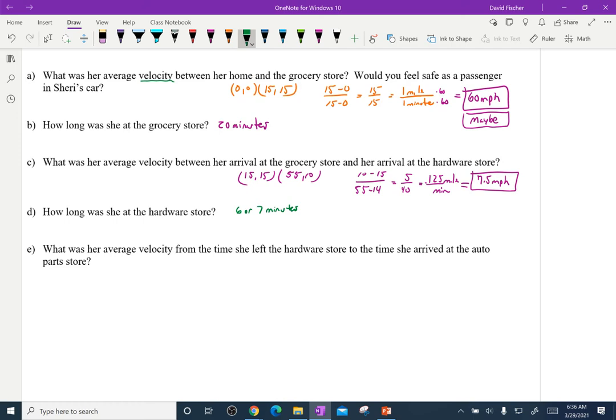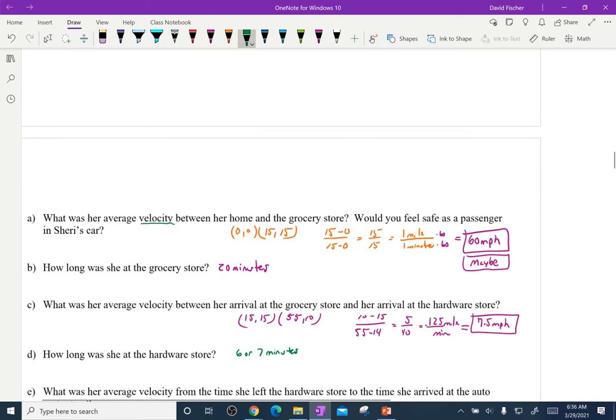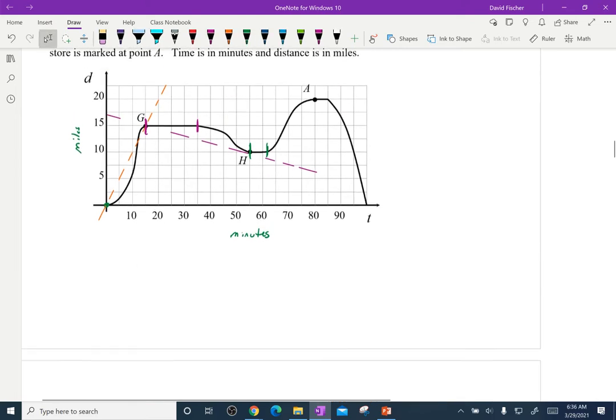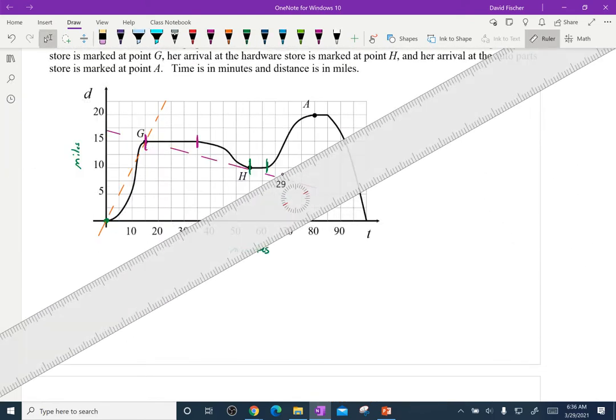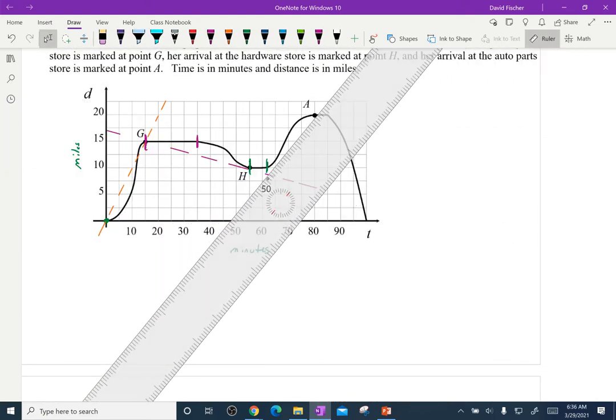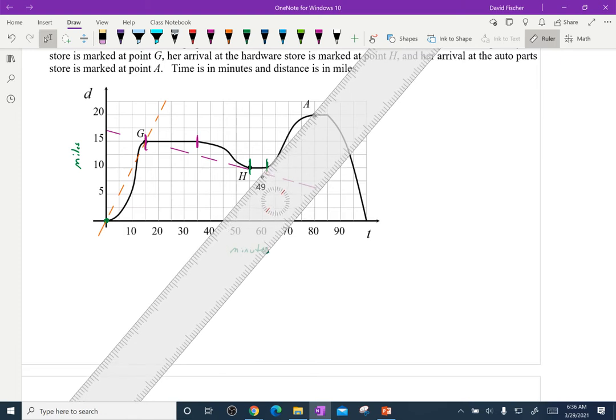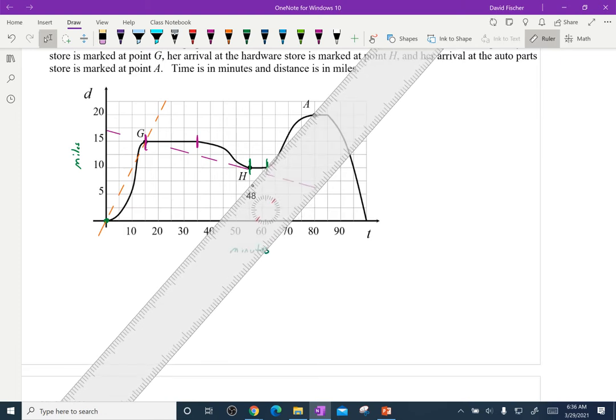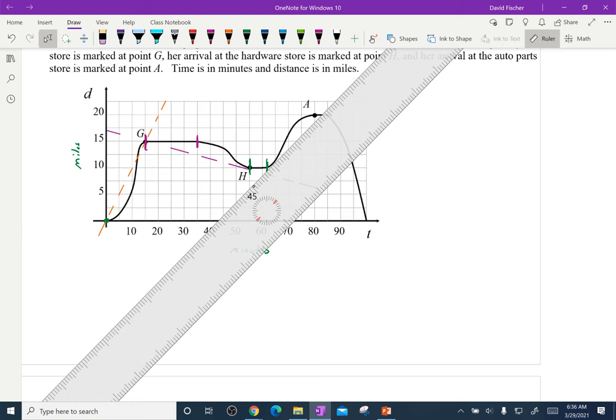Okay. What was her average velocity from the time she left the hardware store to the time she arrived at the auto parts store? When you draw your secant line, you have to be very careful that you do it from when she left the hardware store to her arrival at the auto parts store.